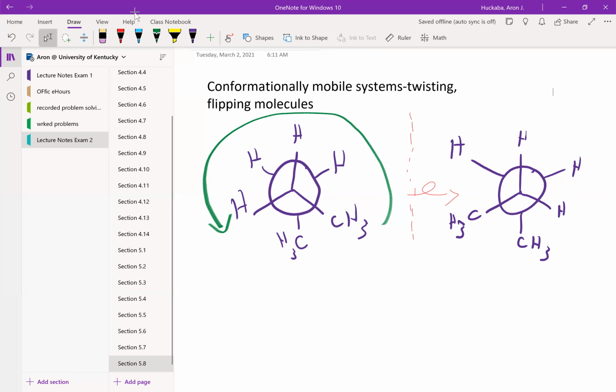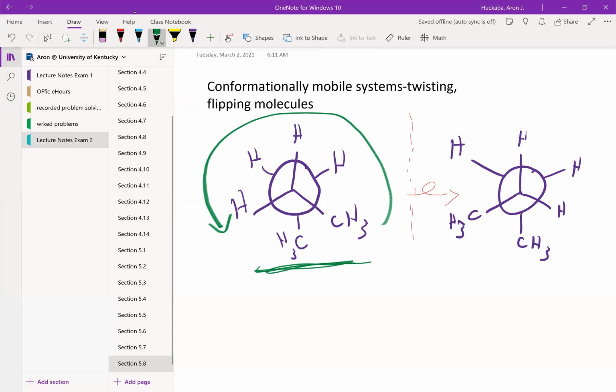Something to note, however, is that if there were not enough energy for this molecule to rotate around, and you could maybe have the one on the left without twisting, then that would be a chiral molecule if you could do that. But there's not a practical circumstance on Earth where that can happen.